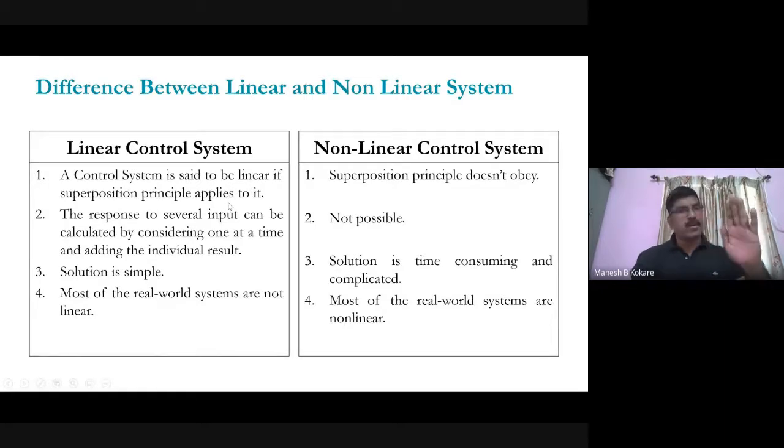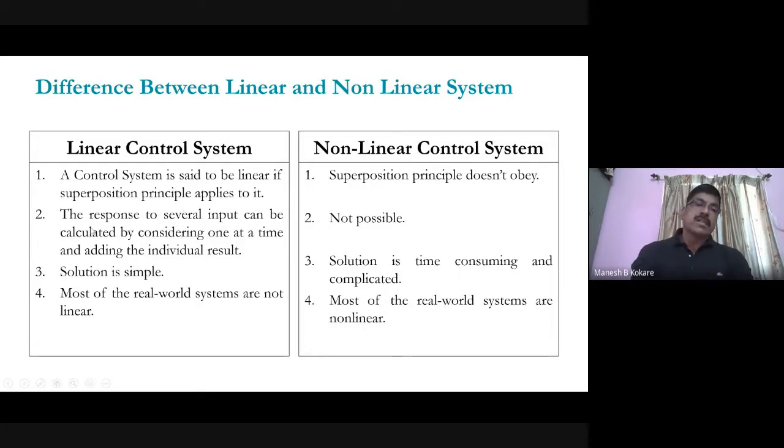For linear control system, the relation between input and output is linear and it holds the principle of superposition. We have seen what is meant by superposition principle. Whereas in case of nonlinear control system, the relation between input and output is nonlinear and it does not obey the principle of superposition. So this is the first difference between the linear control system and nonlinear control system, right?